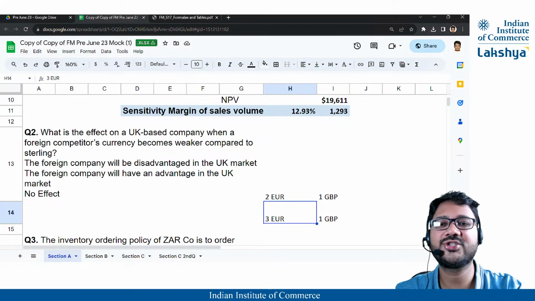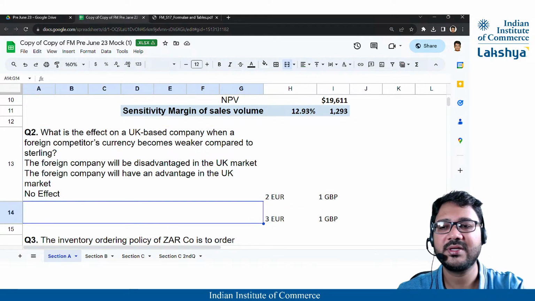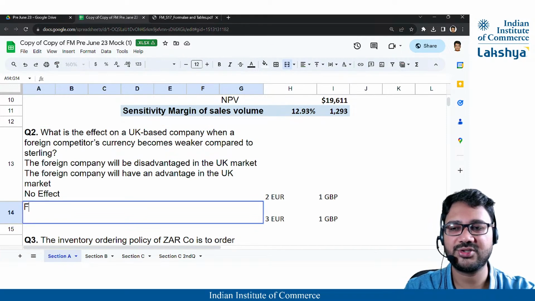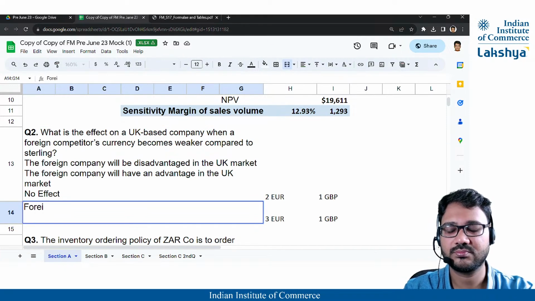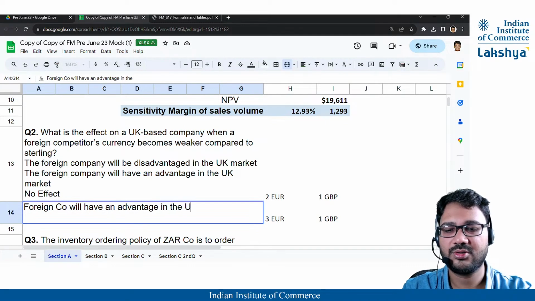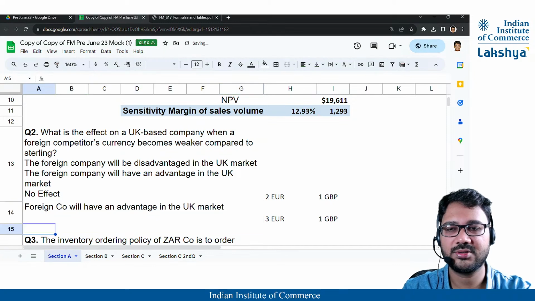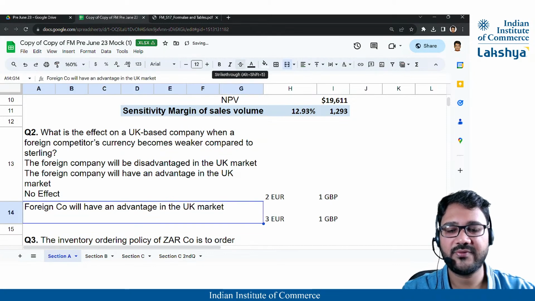So people find it cheaper. So people buy that instead of the local UK company's product. Okay, that means the foreign company is at an advantage. So the foreign company will have an advantage in the UK market. All right, that's our final answer.